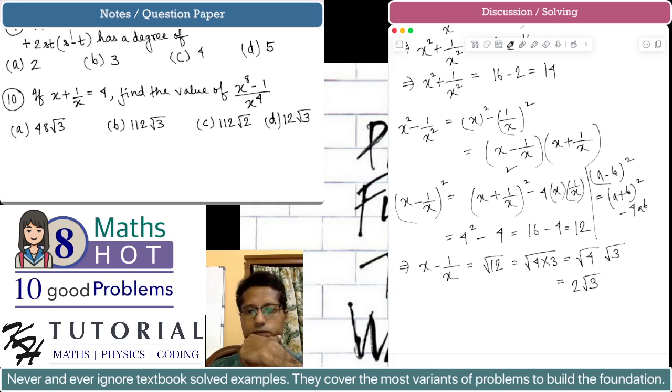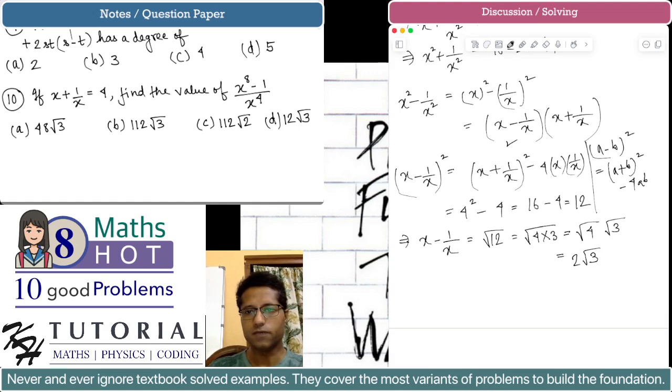So we have found x minus 1 by x. So we can now say we know that x square minus 1 by x square is x minus 1 by x multiplied by x plus 1 by x, and we know both the values.